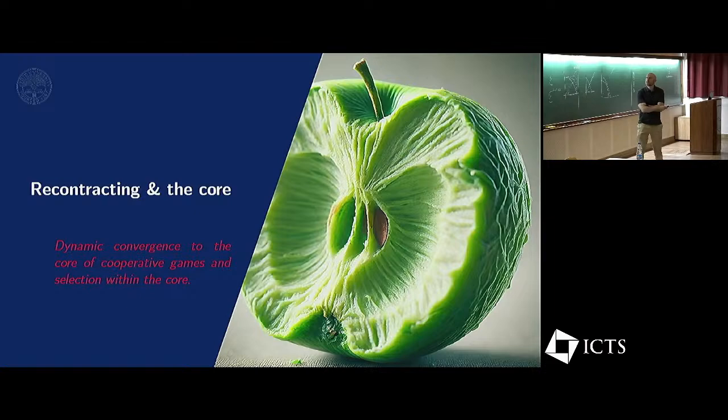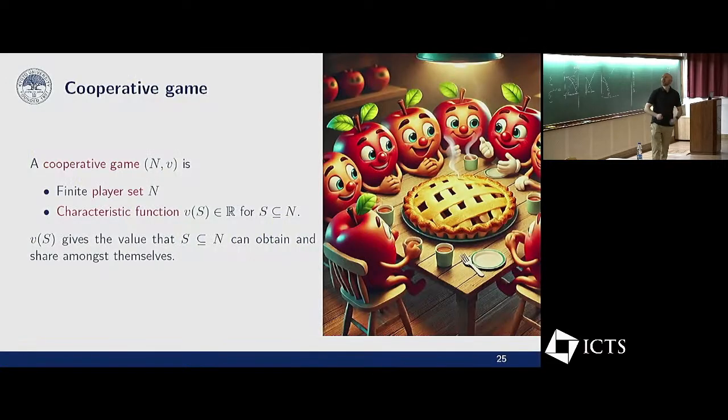Right, so we have recontracting and the core. Let me describe a little more stuff to you quickly. Some of you, I said I'd kind of tell you what a cooperative game is in a few examples. To some extent, matching problems that we saw are cooperative games, right?